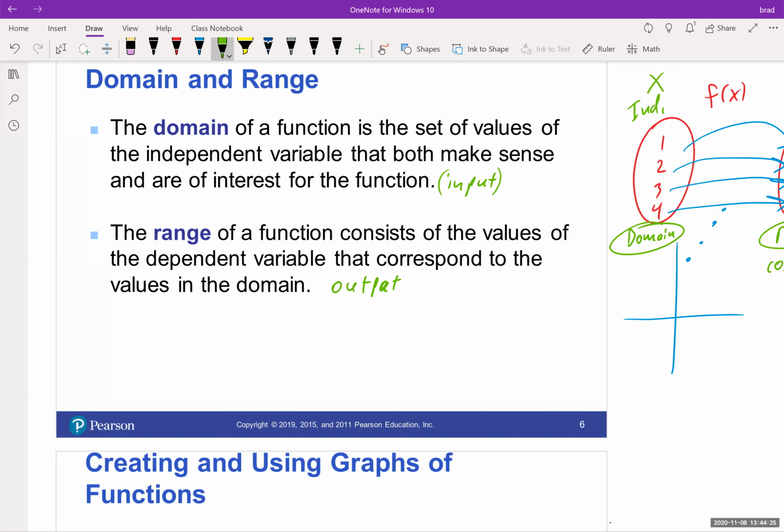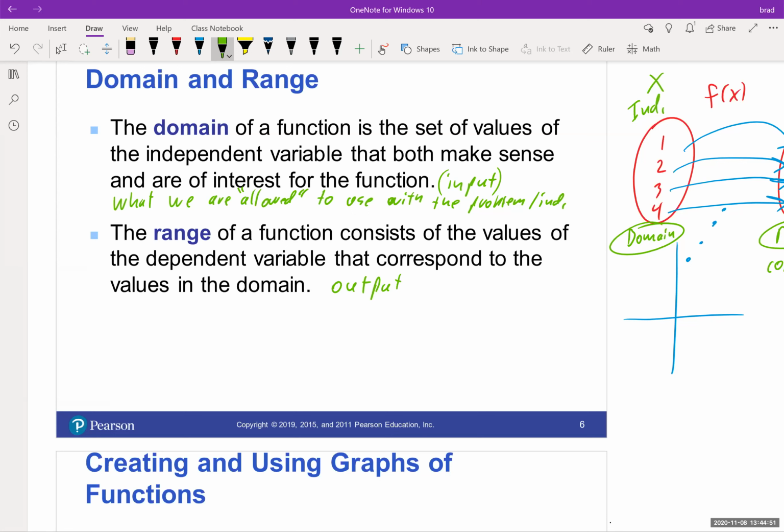So also you can think about this as what we are allowed to use with the problem, the independent variable. And this is output.